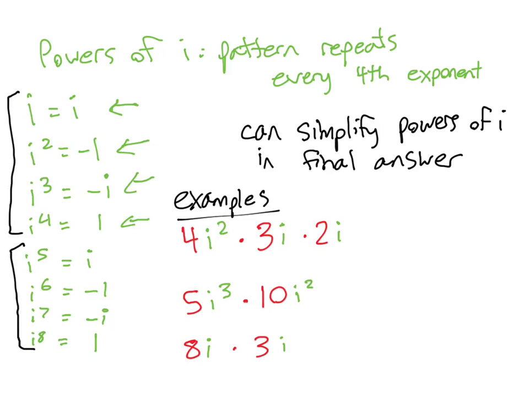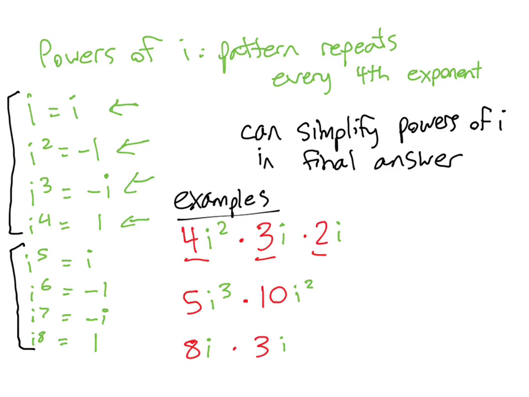So when we're multiplying expressions that have coefficients as well as this imaginary unit, we'll multiply the coefficients, the numbers together, and at the end, possibly simplify the power of i. So let's finish with a few more examples.